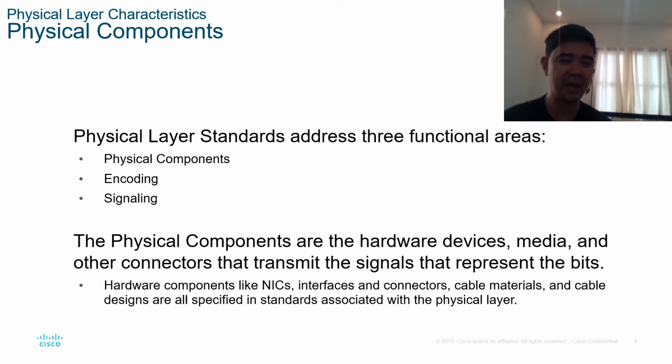IEEE has that. During our live session, we'll look into this. It also covers acceptable encoding and signaling methods that a manufacturer may look into if they were to manufacture a cable. The components include the devices, hardware, the media, and the type of connector.